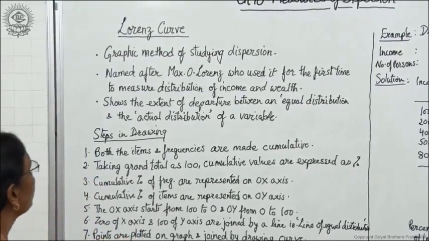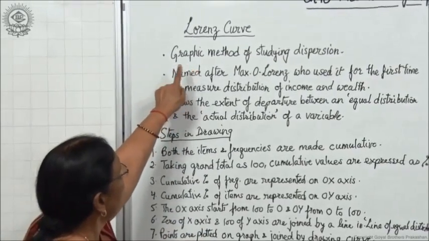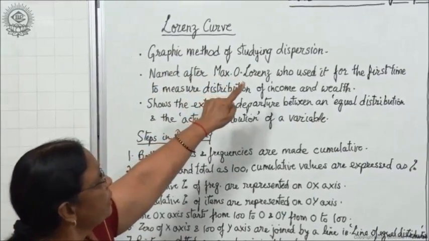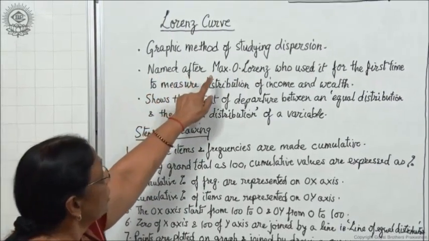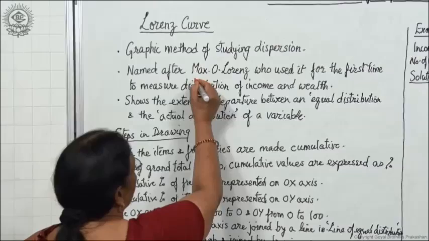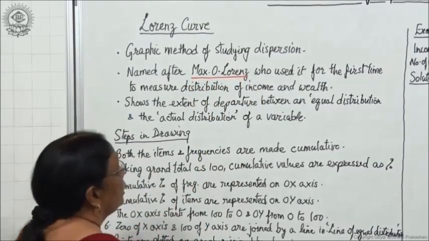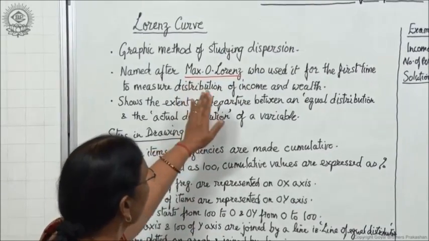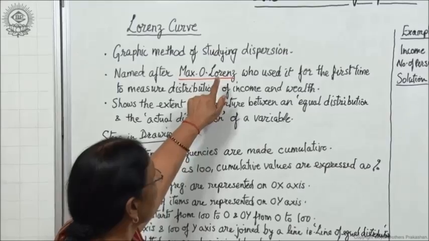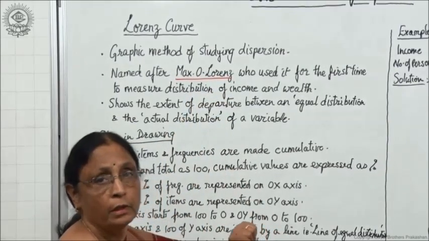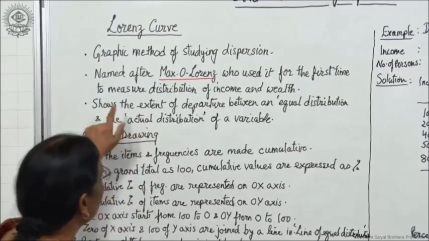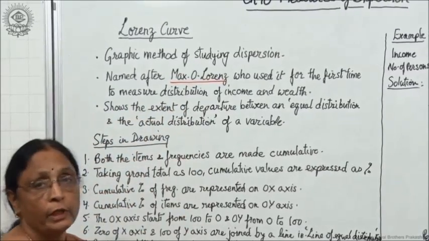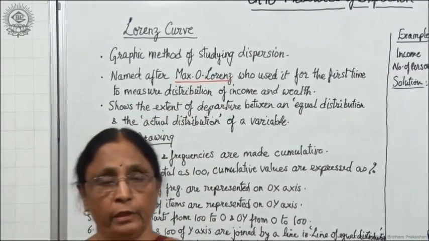Let's see what it is. The Lorenz curve is a graphic method of studying dispersion. It is named after Max O. Lorenz. He started the concept of the Lorenz curve, so this curve is named after his name, Lorenz, who used it for the first time to measure distribution of income and wealth.